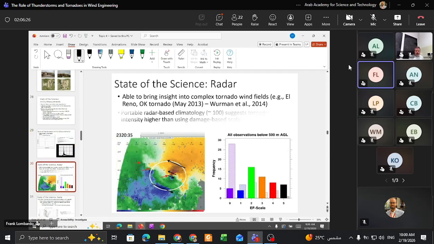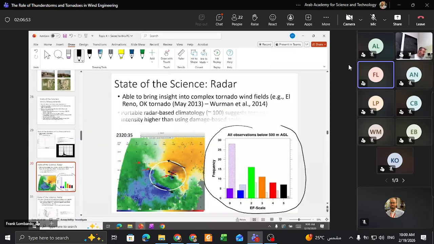Another thing that we're going to use, and I don't know why the slides are looking weird, is radar imagery. Radar gives you information on particle motion toward and away from the radar, and you can use those motions to estimate the wind speeds. Here's an example, and I think here is a more critical point. This is from some studies maybe 10 years ago or so.